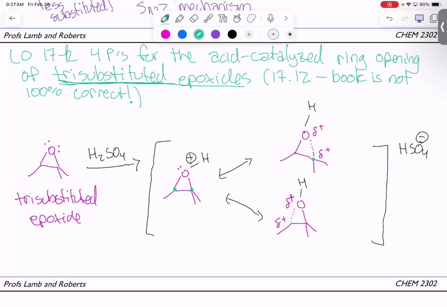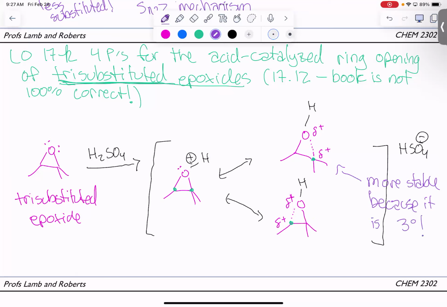We're really taking a look at the stability of these two carbons. And what we see is that a tertiary carbocation is much more stable than a secondary carbocation, right? So in this case, what we can say is this is more stable because it is tertiary.